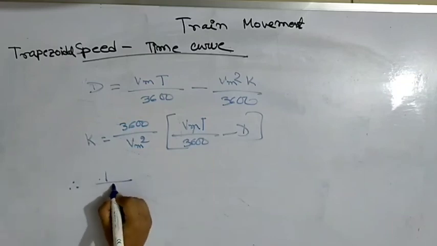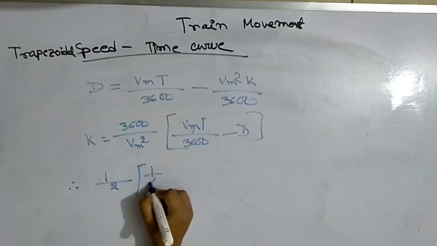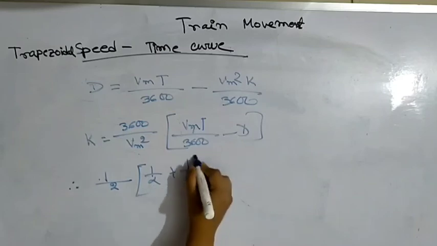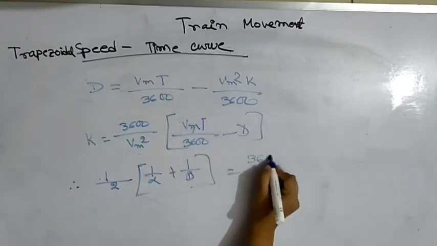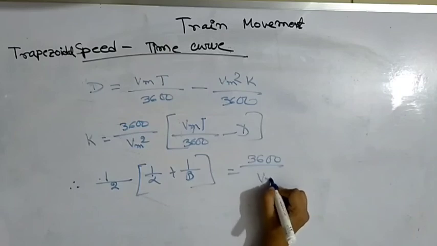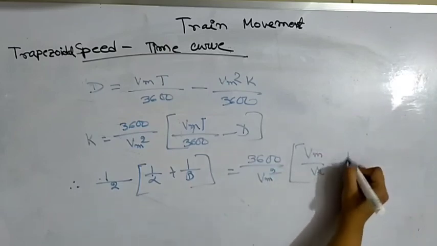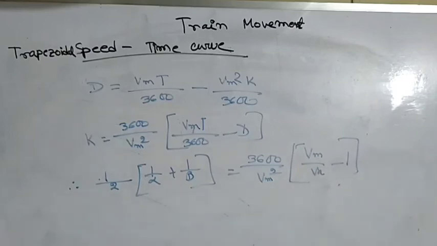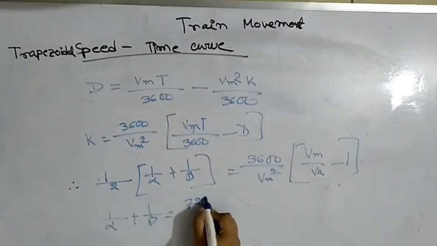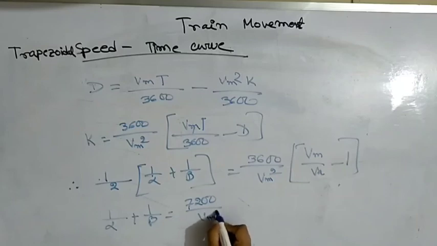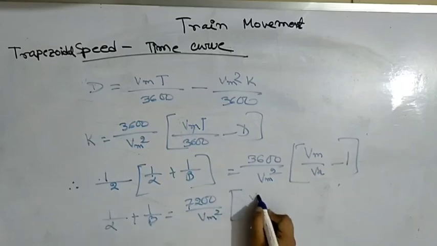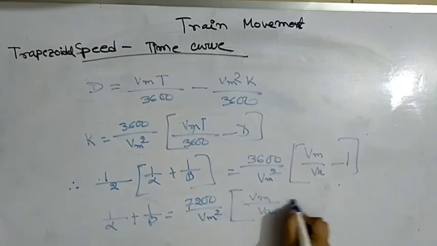So therefore half (1 by alpha plus 1 by beta) is equal to 3600 by Vm squared times (Vm by Va minus 1), where Va is the average speed. So 1 by alpha plus 1 by beta is equal to 7200 by Vm squared times (Vm by Va minus 1).